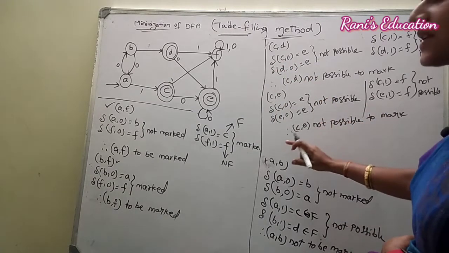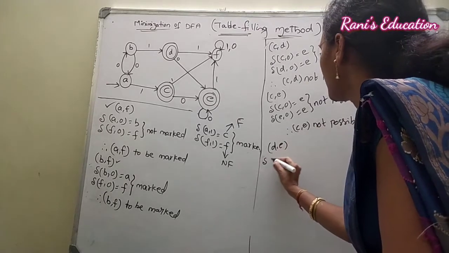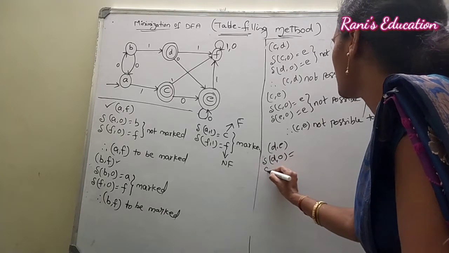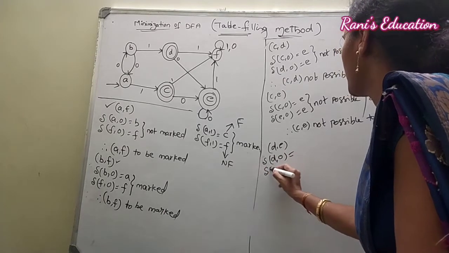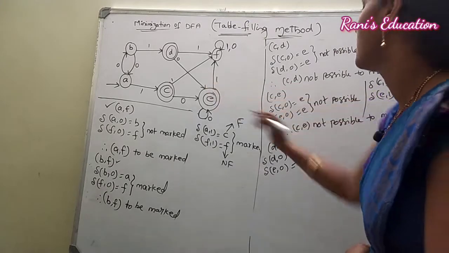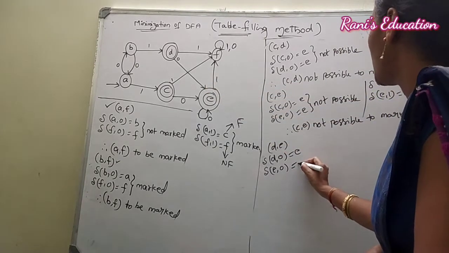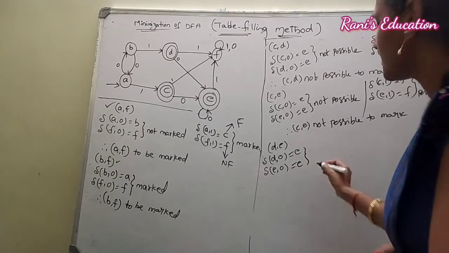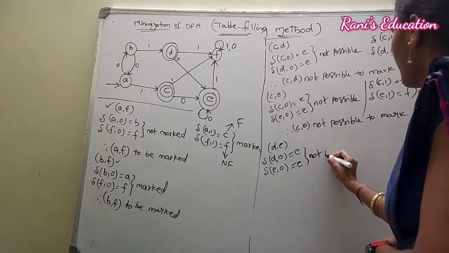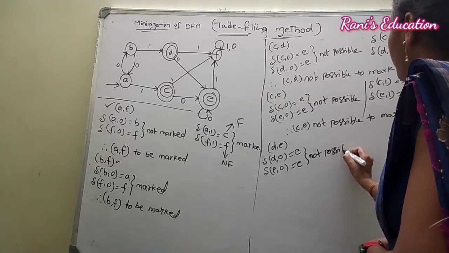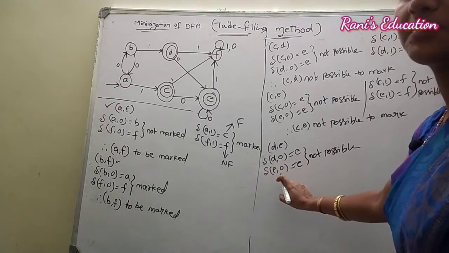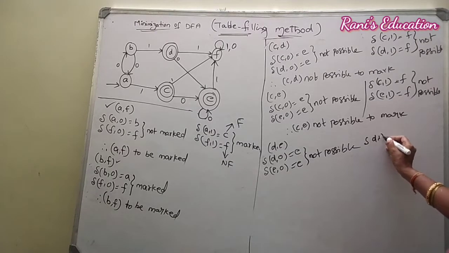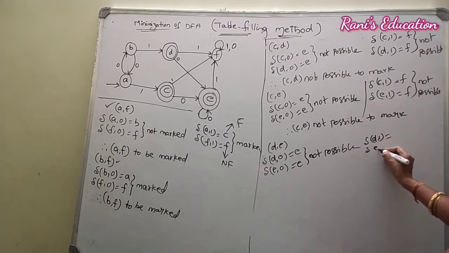Go for with respect to D. Delta of D comma 0 and E comma 0. So what is D comma 0 here? E. What is E comma 0? E. Right? So not possible. So take another input symbol for the same state pair, that is delta of D comma 1, delta of E comma 1.